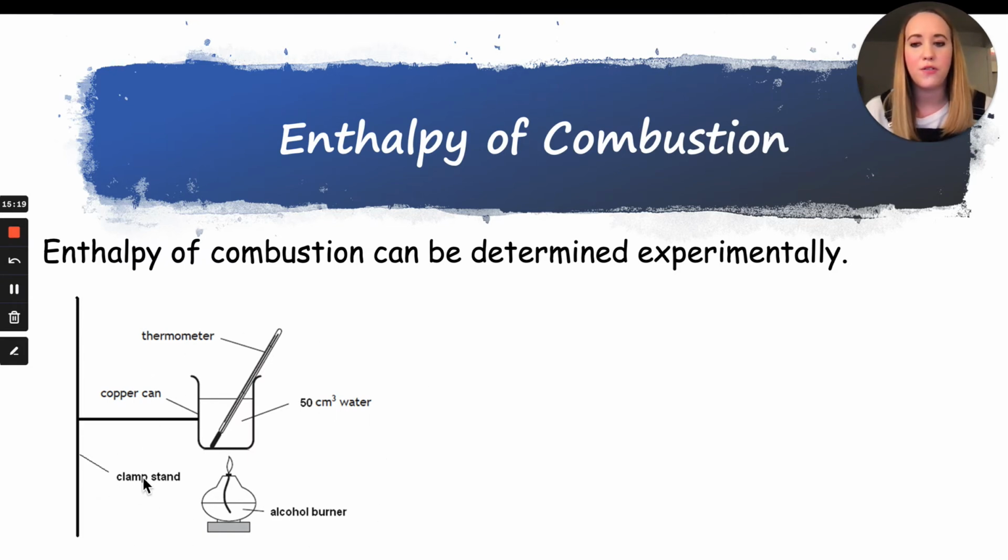So it's where you've got maybe a spirit burner, or alcohol burner as it's called here. Other burners can be used depending on what fuel you're investigating. We use a metal can holding some water. So when we burn the fuel, the heat is transferred to the water, heats up the water, and then we can track the temperature of the water throughout the experiment.